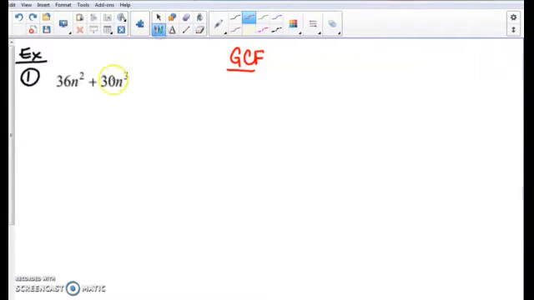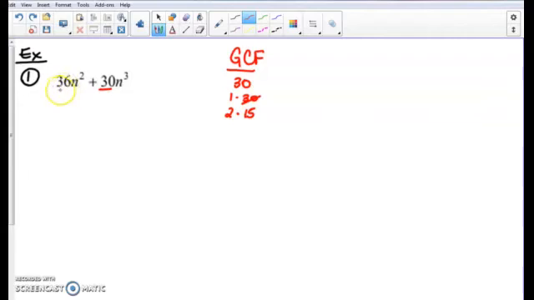So I'm going to find the factors of my smaller number here, 30, and see which one of them can also go into 36. So 30 is, of course, 1 times 30. We know 30 didn't work. Then we just start dividing. So we do 30 divided by 2 in your calculator and you get 15. So 2 times 15 is 30.